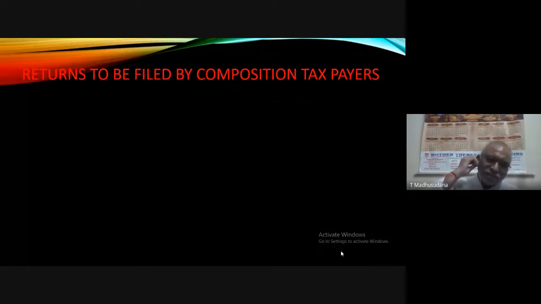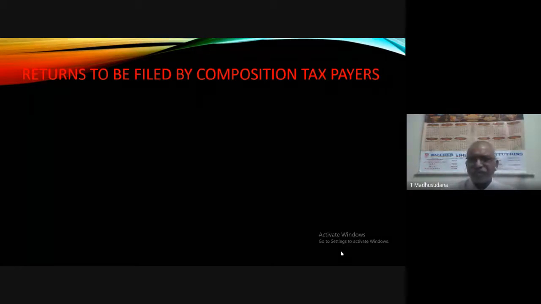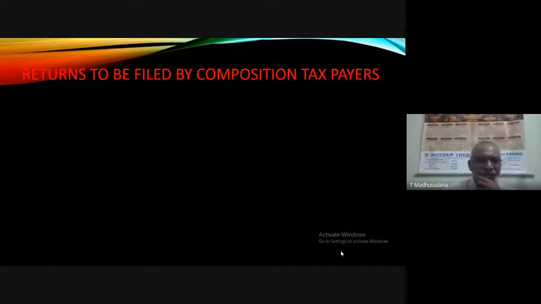Then there is another category of suppliers under the composition scheme. So what are the various forms of returns to be filed by the composition taxpayers? Let us see.